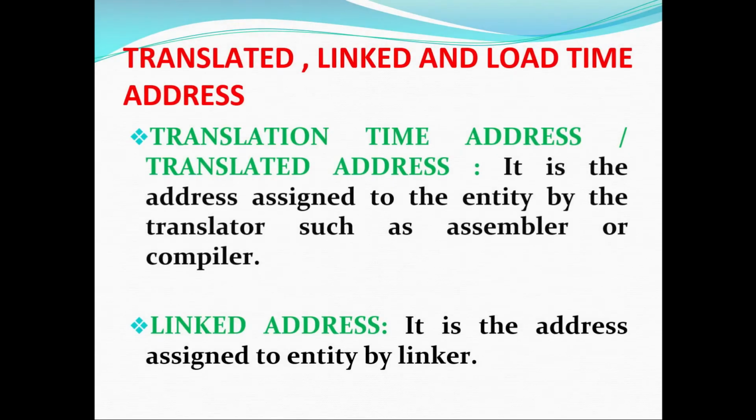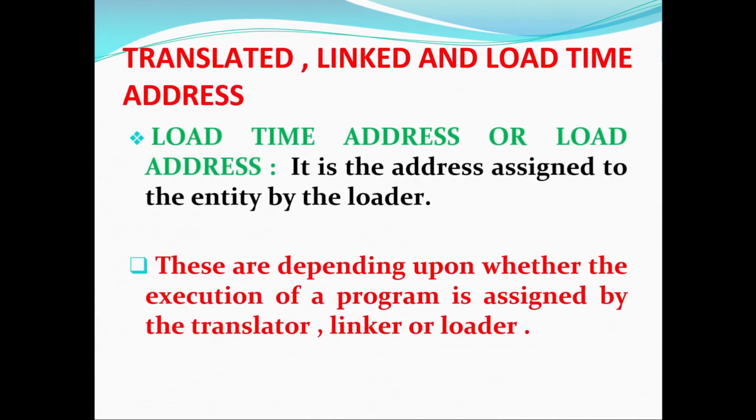The translation time address, or translated address, is the address assigned to the entity by the translator, such as the assembler or compiler. Whereas the linked address is the address assigned to the entity by the linker. Similarly, the load time address or load address is the address assigned to the entity by the loader.